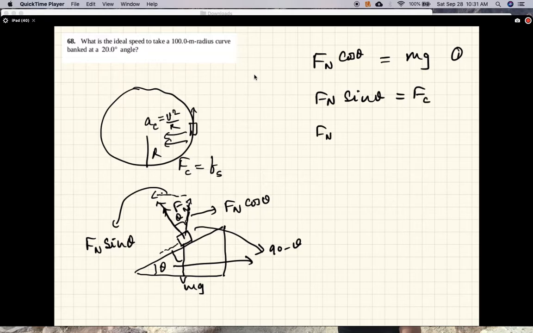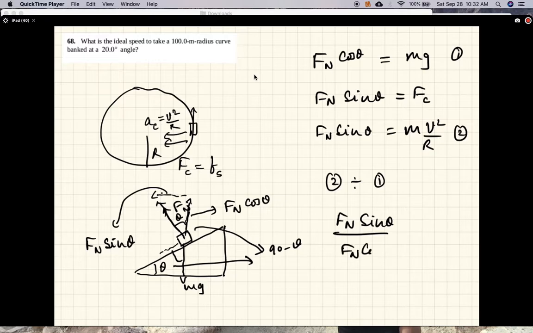So Fn sine theta is mass times v squared by r. If you take 2 divided by 1, you get mv squared by r over mg, and all this cancels, and what you get is tan theta. So tan of the bank angle is v squared by gr.